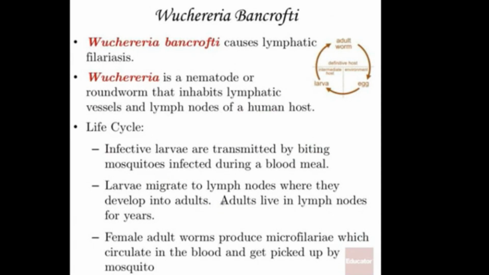And filariasis can be a very serious disease. And there's this whole dynamic that occurs between the human host and the immune system. And actually, we're going to spend a whole separate lecture on that topic, but meanwhile, we'll touch on it in today's lecture as well.